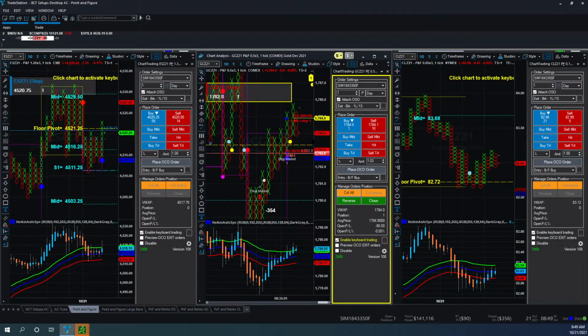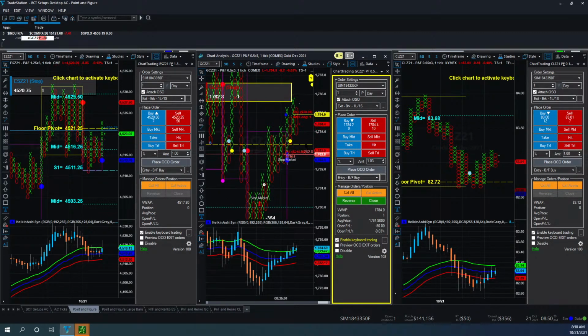$90. See if there's a reaction here. Very choppy, very, very choppy. Drifting higher gold, but very choppy. We do have a reversal right below this area, right here.